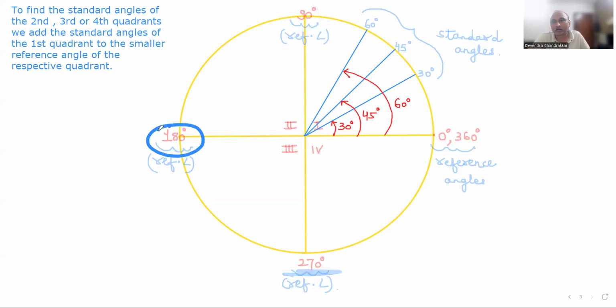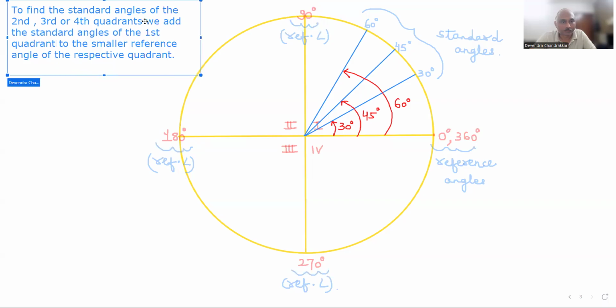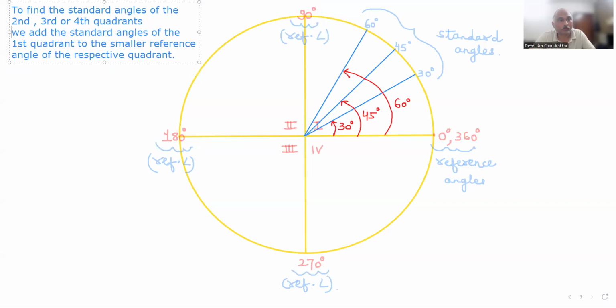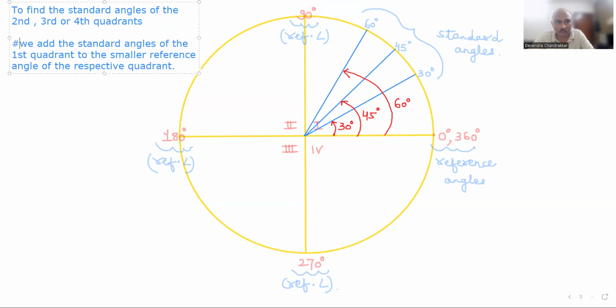Which one is smaller? 180. For the fourth quadrant, the reference angles are 360 and 270. Which one is smaller? 270. Clear है बेटा ये सबको? Yes, sir. Okay, if you have any doubts or if you're not clear about it, please ask. हाँ, पूछना है बेटा, डरो नहीं और hesitate मत करो.